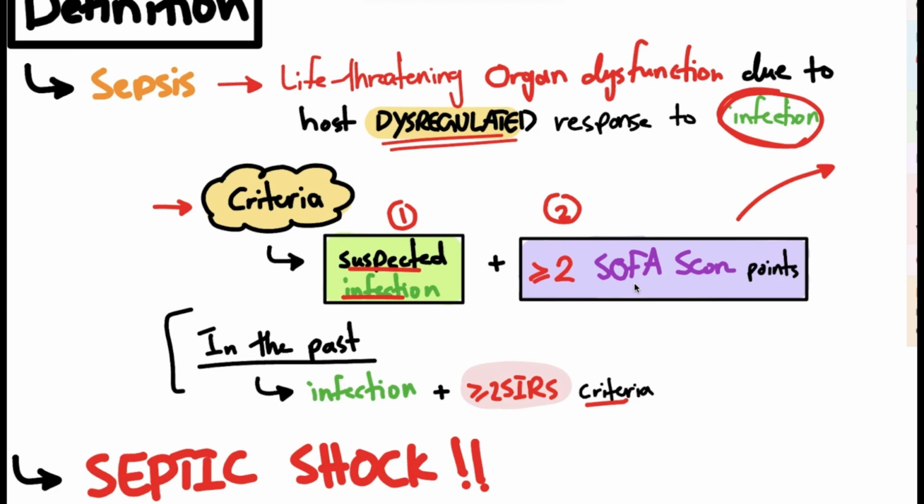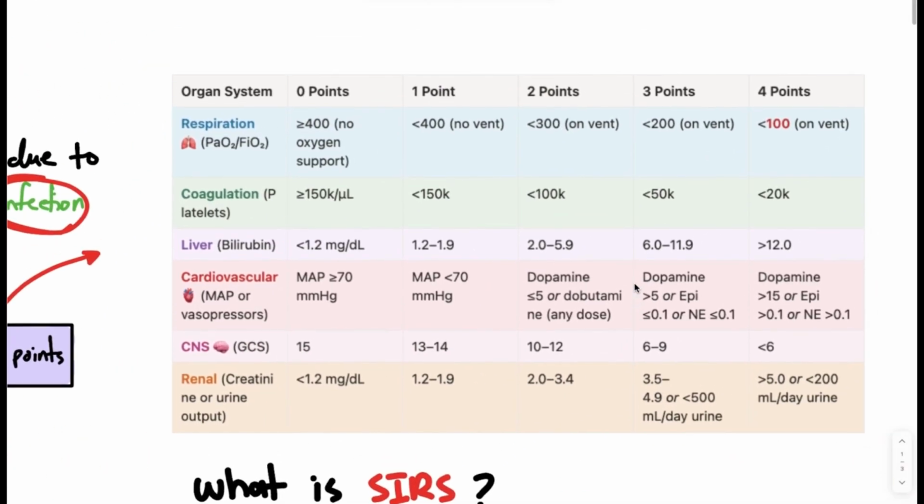Now, let's talk about SOFA and SIRS. A SOFA score is a score that is composed of 6 parameters. 1, respiration. 2, coagulation. Then we have the liver, the cardiovascular, the CNS, and the renal system.